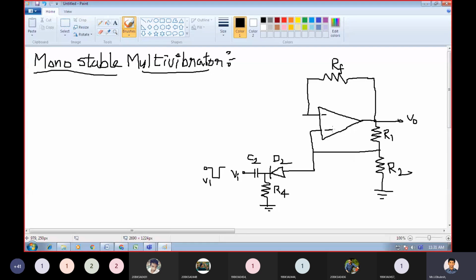Inverting terminal, non-inverting terminal. Sorry, here you need to connect one more resistor, R3.